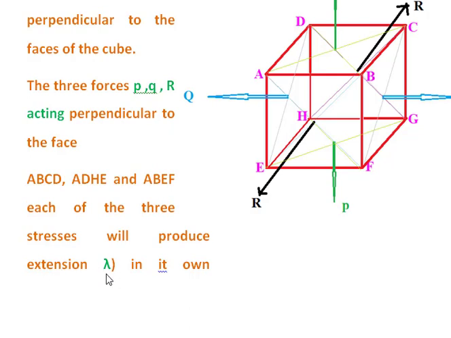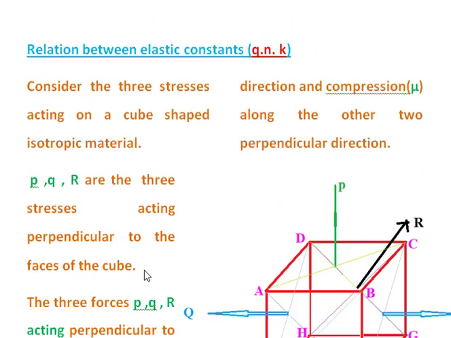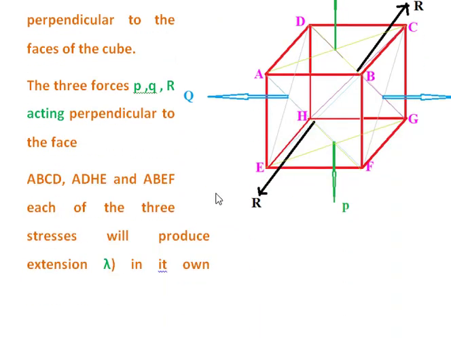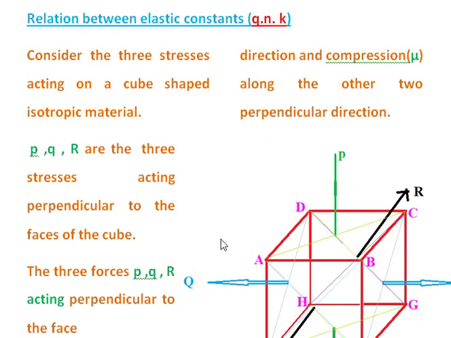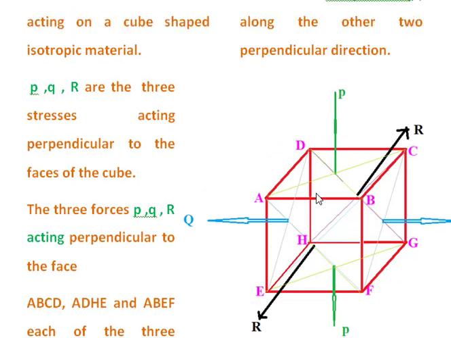The extension is indicated by the symbol lambda, and the contraction, the compression, is indicated by the symbol mu. If an extension is produced in one direction, automatically in the other two directions the compression will be produced. So it is a cube-shaped isotropic material.